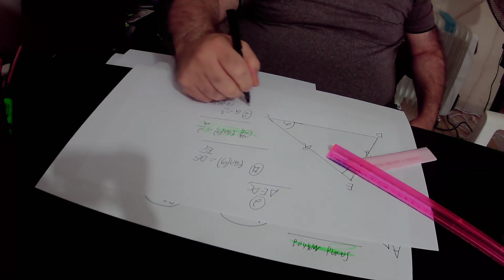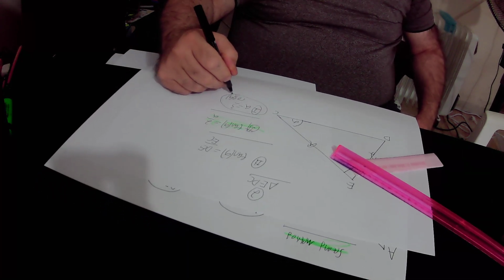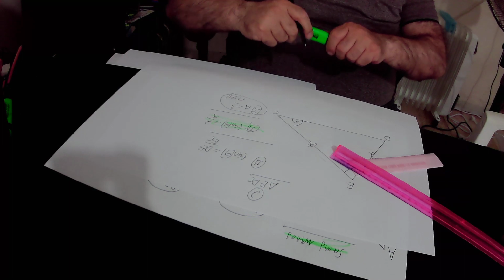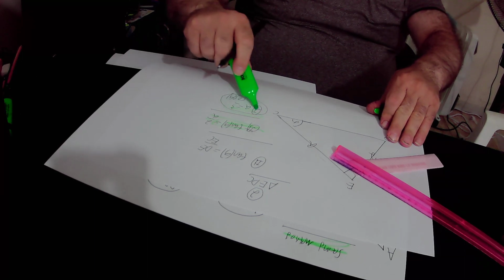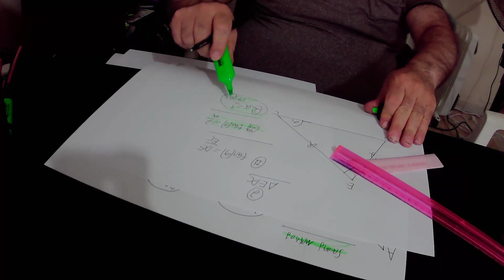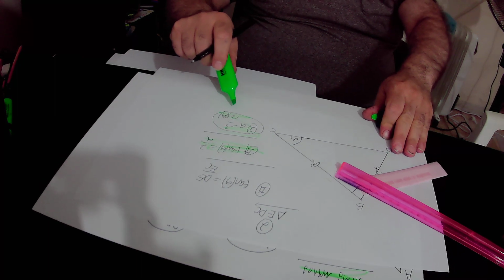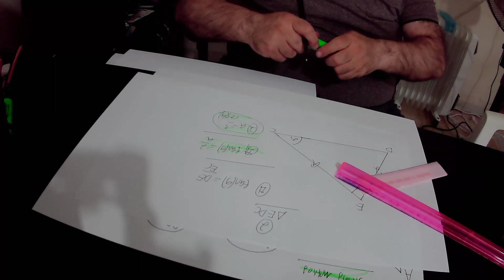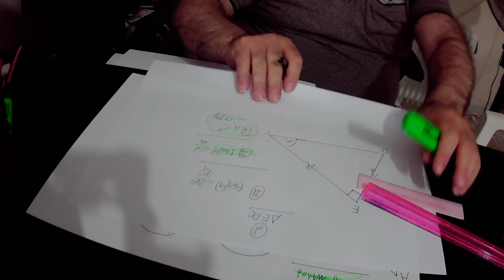So we can substitute A in equation number 2 by 3 over cosine alpha from equation number 1.